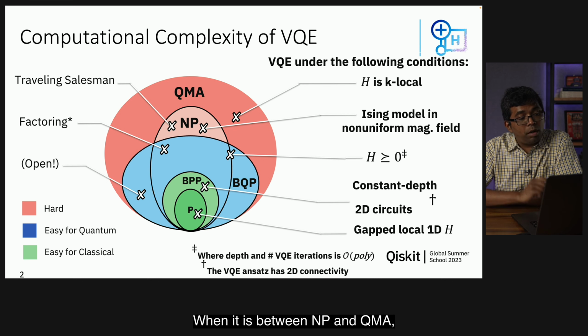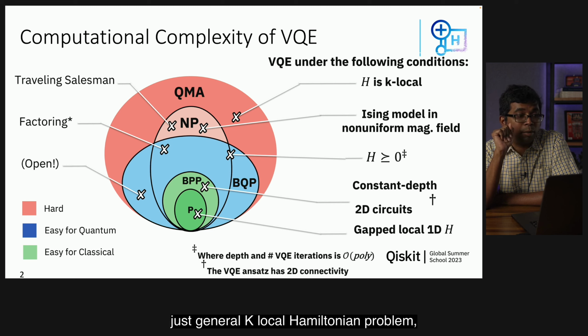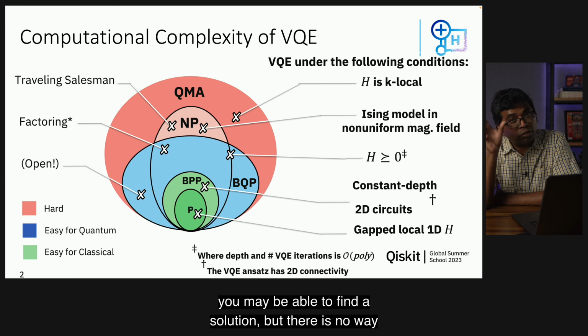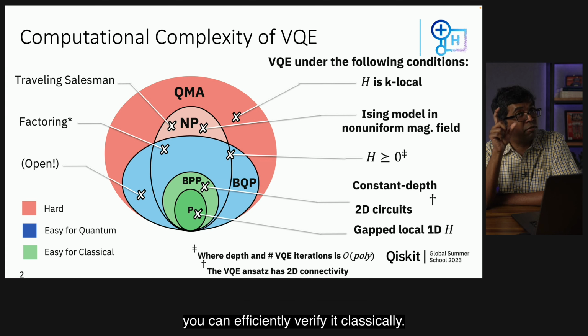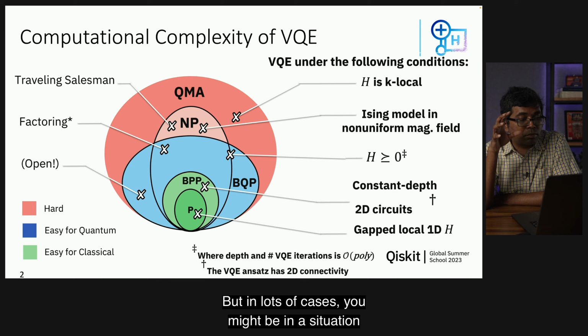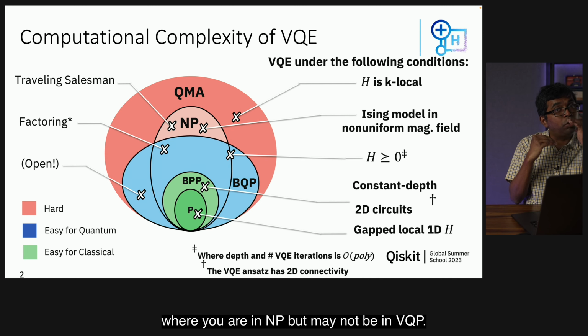When it is between NP and QMA, which is probably the hardest problem here, the general k-local Hamiltonian problem, you may be able to find a solution, but there is no way you can efficiently verify it classically. So there are actually lots of practical problems there. But in lots of cases, you might be in a situation where you are in NP but may not be in BQP.